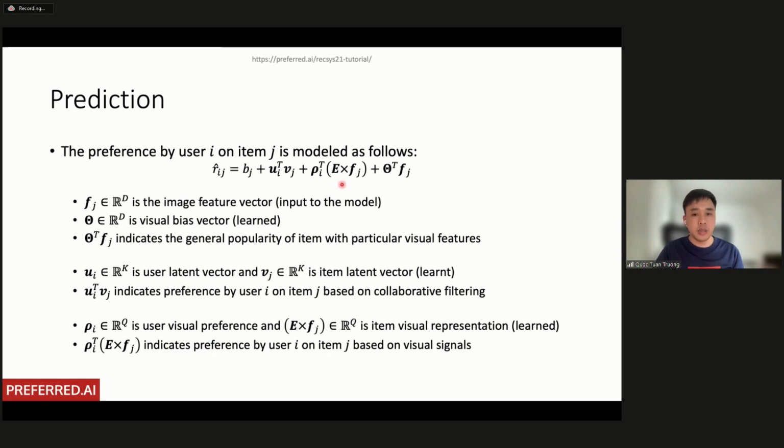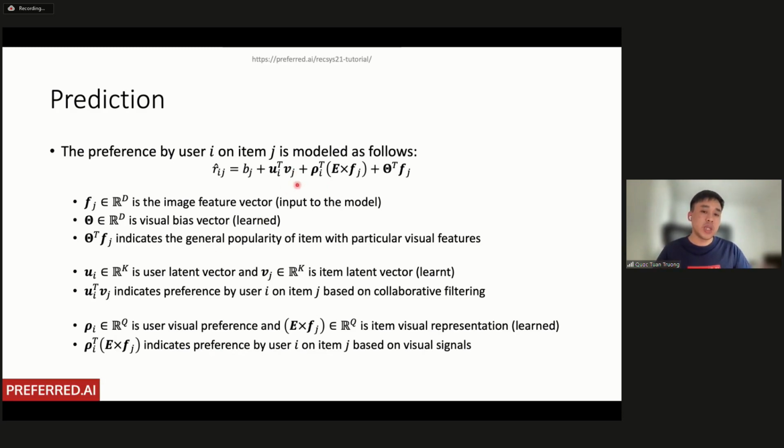This part is the visual feature that is reduced into low dimensions, and then this P is another user latent vector that interacts with the low-dimensional item vector projected from the visual feature, to express the user preferences in terms of the visual aspect. And the very last term here is more of the global bias of the visual feature, more like the general popularity of the items, particularly this visual feature.